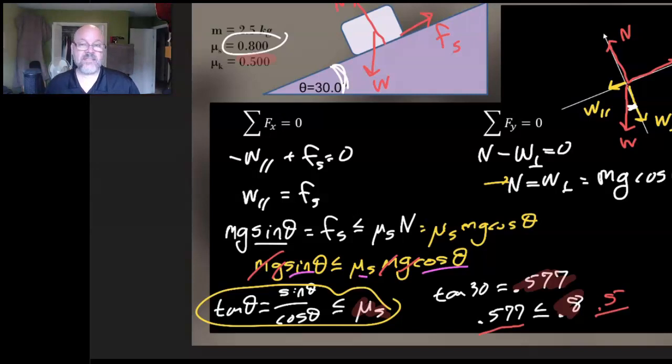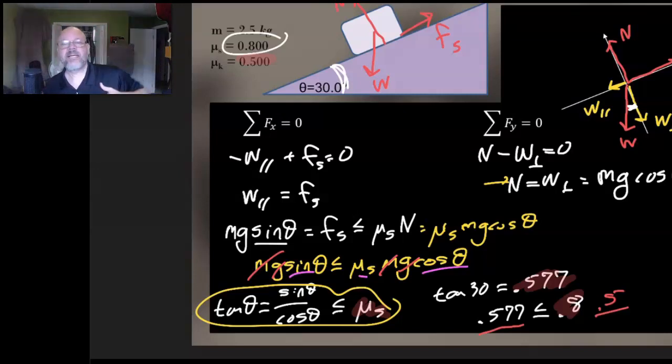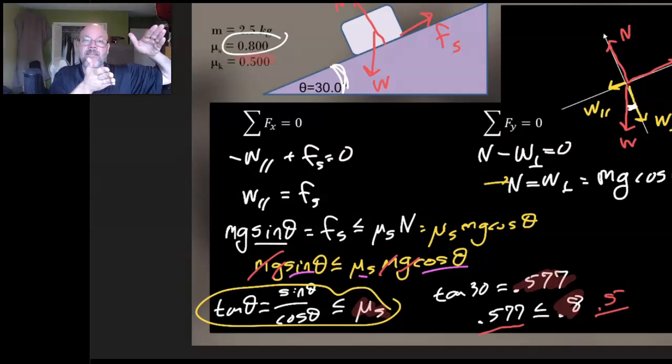So if we gave this thing a little tiny love tap, it would just start to slide down the incline. As long as it's not being disturbed, it'll sit there on the incline just fine. Give this thing a little tap though, and it's just going to start to slide all by itself.